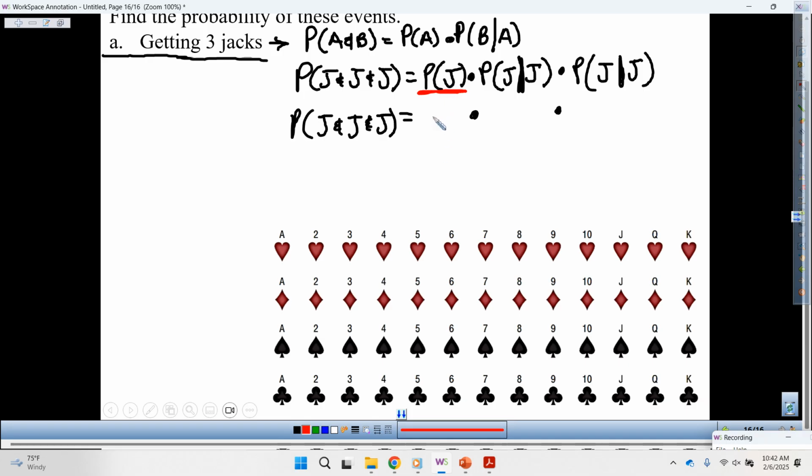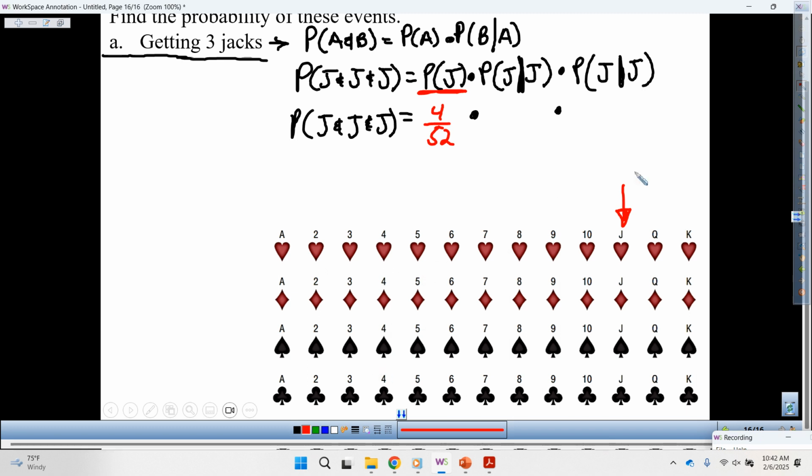Pass it to who? Quinn. 4 out of 52. That is correct. Because there's 4 jacks right there. 1, 2, 3, 4. Okay.